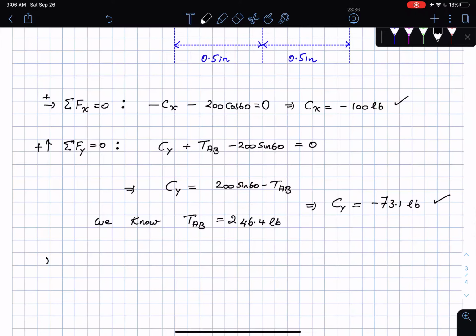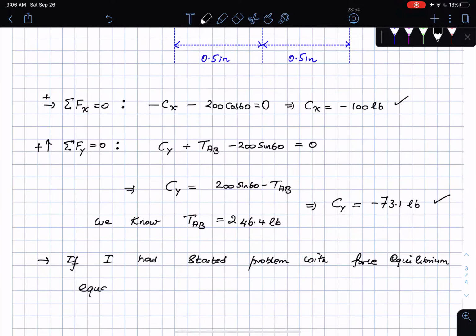If I had started the problem with the force equations, then we would not know what TAB was, which is why I started with the moment balance.